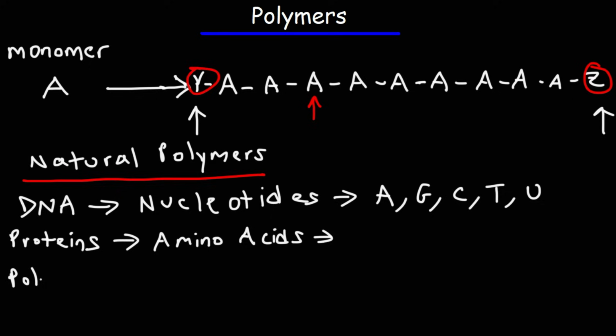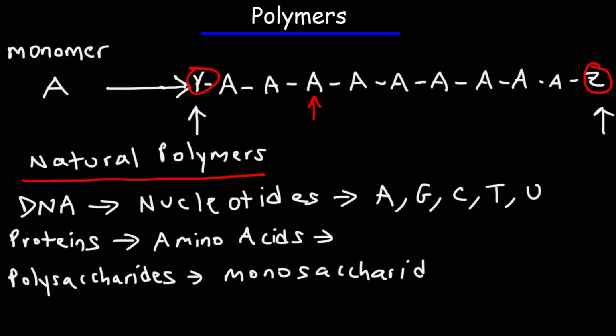Another example of a common natural polymer is polysaccharides. So think of polysaccharides like starch and cellulose. The monomers of polysaccharides are known as monosaccharides. The monomer of starch and cellulose is glucose. So there are a lot of polymers in nature that you've encountered many times.